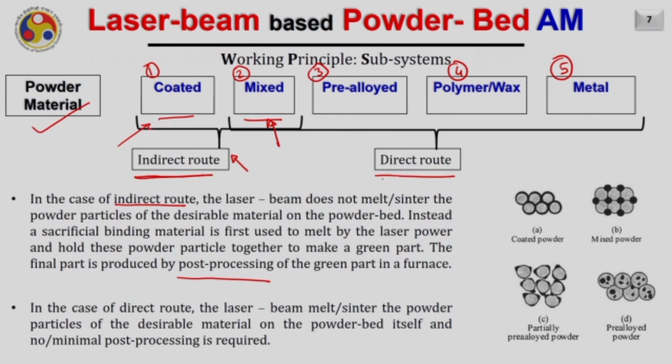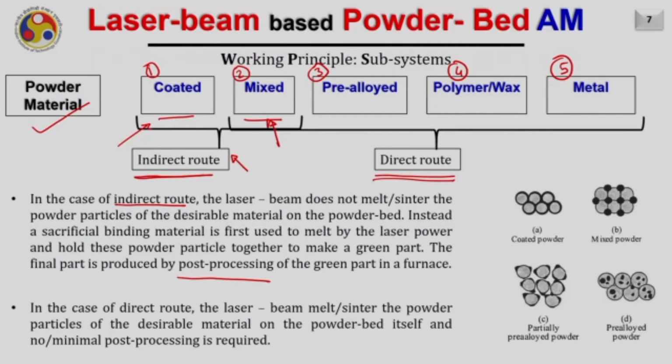Another possibility is the direct route. In the case of the direct route, the laser beam melts or sinters the powder particles of the desirable material on the powder bed itself, and usually no post processing or minimal post processing is required, but complete sintering usually happens in the powder bed itself.